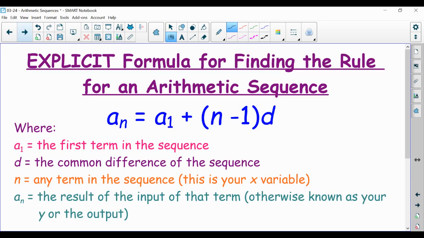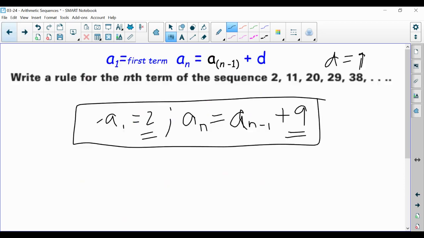Right, the second formula we're going to talk about is the explicit formula. This has a lot more use because it allows us to find any term in the sequence that we need to. So if I wanted to find the 100th term, I don't really want to use the recursive form, because I would need to add 9 and add 9 and add 9 and continue adding 9 to get all the way to the 100th spot.